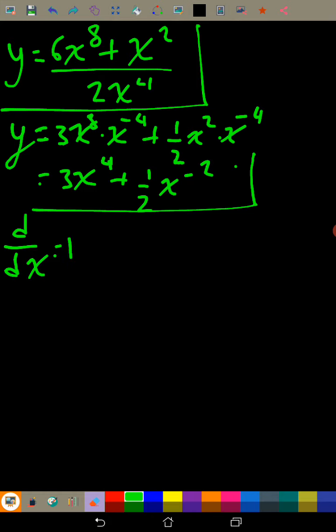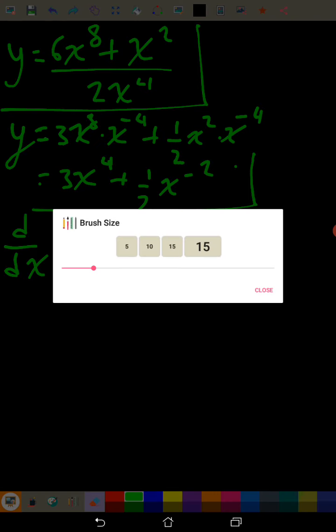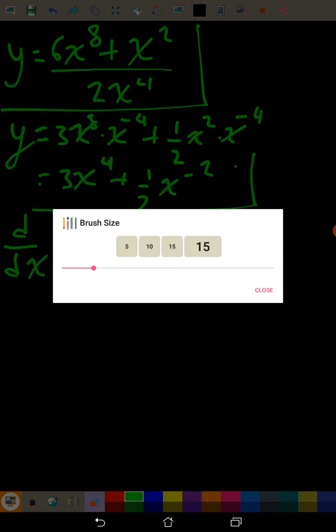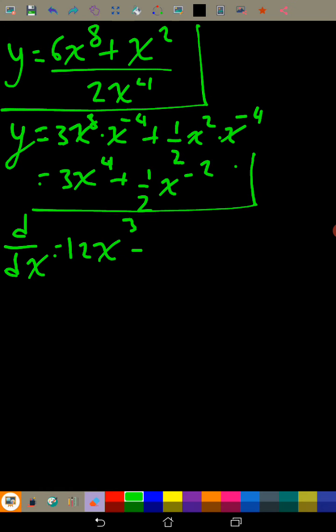It's going to be 12, of course, x to the power 4 minus 1, 3, plus half times minus 2. It's going to give us minus 1. So we can, if we don't want to show this, we can just write minus 1 here. And here if we differentiate with minus 1, it's going to be this.